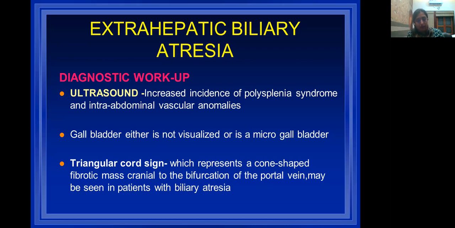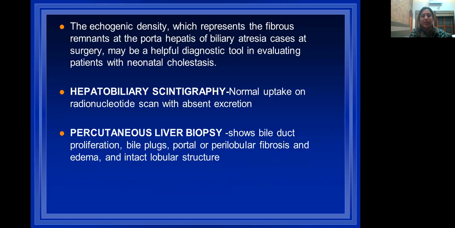A pathognomonic sign on the ultrasound is the triangular cord sign, which represents a cone-shaped fibrotic mass cranial to the bifurcation of the portal vein, which may be seen in patients with biliary atresia, not seen in INH. The echogenic density, which represents the fibrous remnants at the porta hepatis of biliary atresia cases at surgery, may be a helpful diagnostic tool in evaluating patients with neonatal cholestasis.